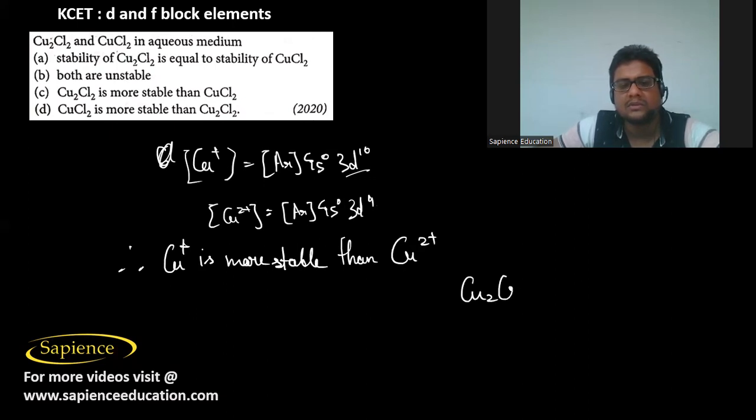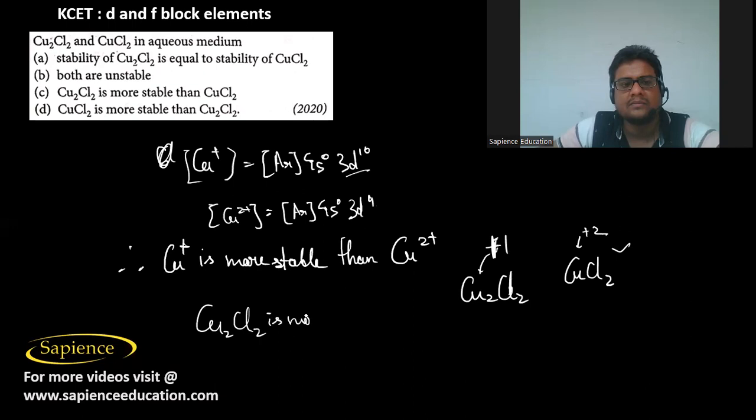So in Cu2Cl2, copper is in +1 oxidation state, and in CuCl2 copper is in +2 oxidation state. So it means that Cu2Cl2 is more stable than CuCl2.